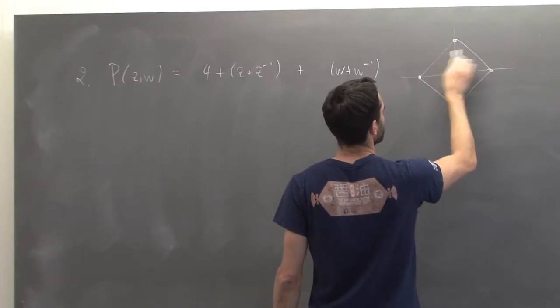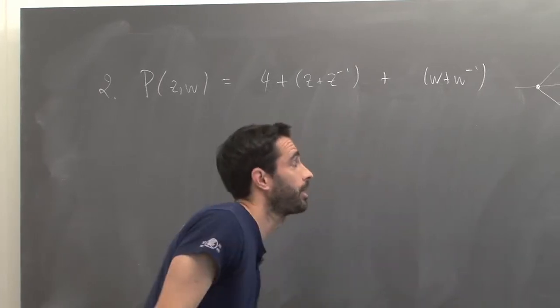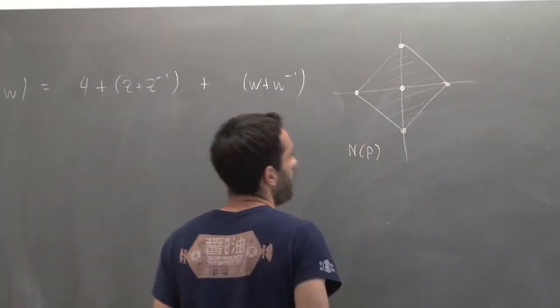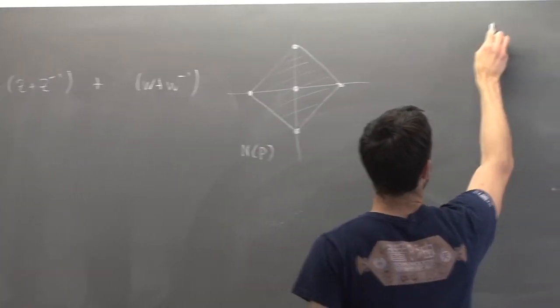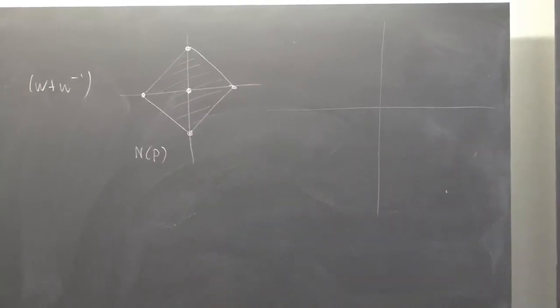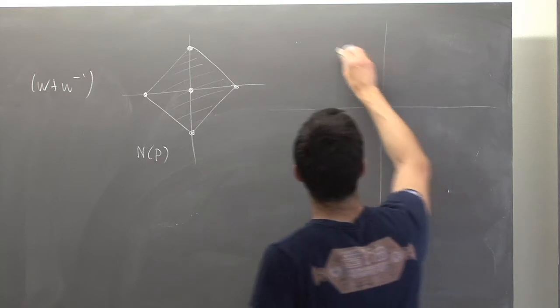So when I had done this example the hour before, I had forgotten to mention this point here, but anyway, it doesn't change the convex hull. This is N of P. And let me draw for you the corresponding amoeba. So it will go like this.